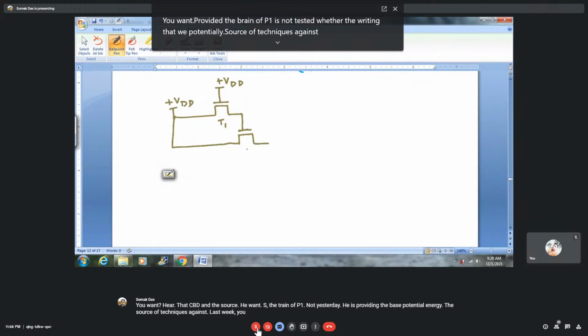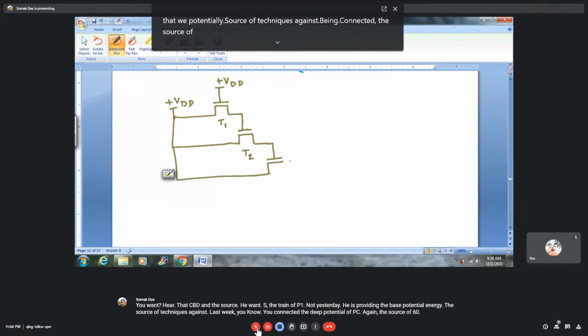Again, the drain of T2 is connected as the gate potential of T3. Again, the source of T3 is there.